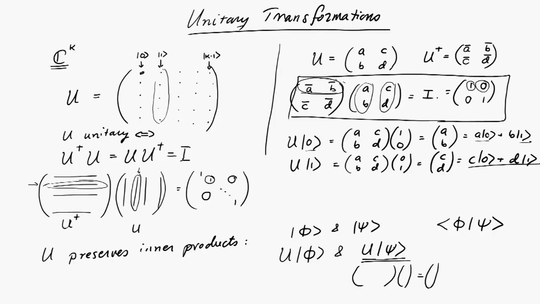So this is another ket. But U times phi is also a ket. How do you get a bra out of it? This is a column vector, but you want to take its conjugate transpose to get a row vector. So you should take the conjugate transpose of this.